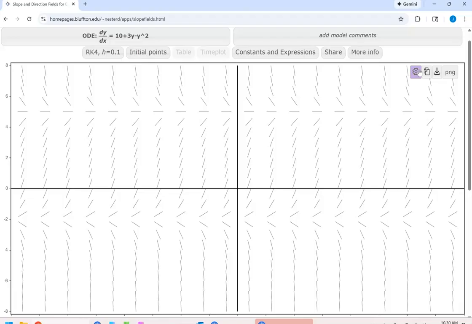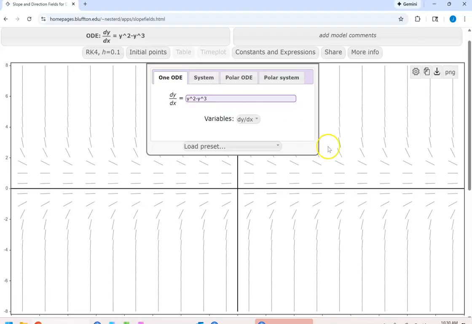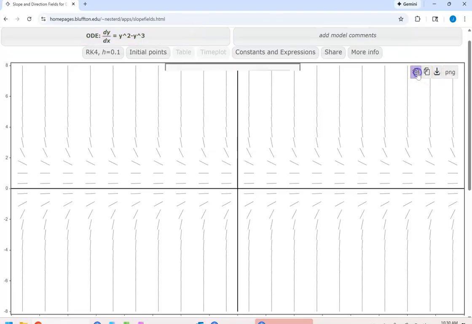I'll see if I can put an example of a semi-stable one up here. Let's look. This is number 22. It's y squared minus y cubed. And I need to change this.